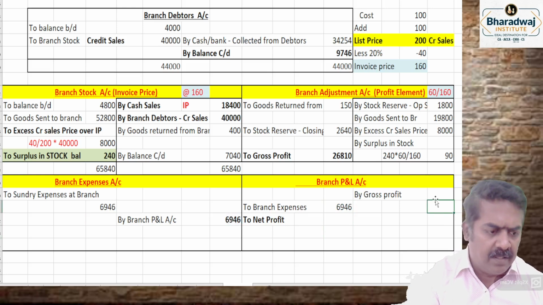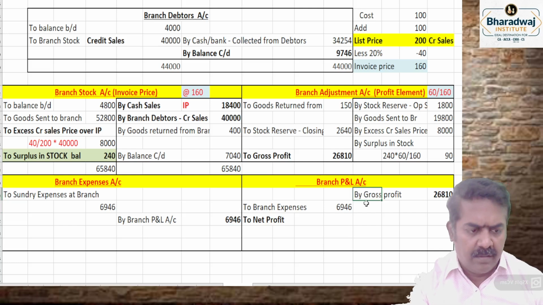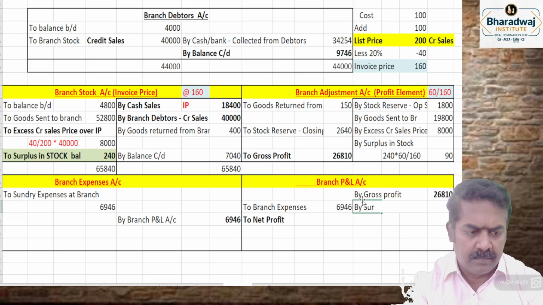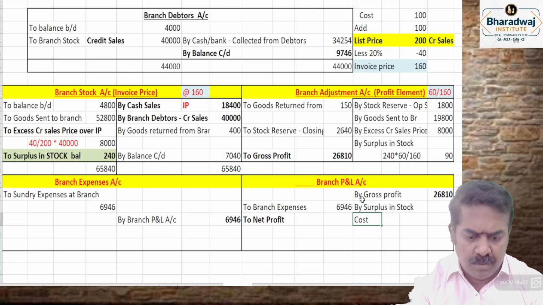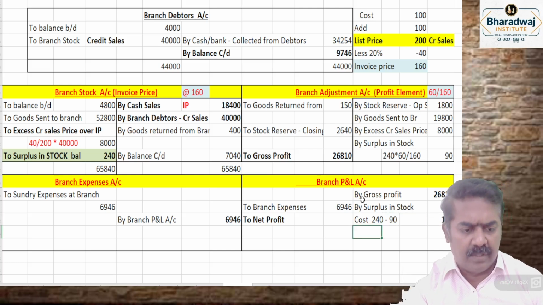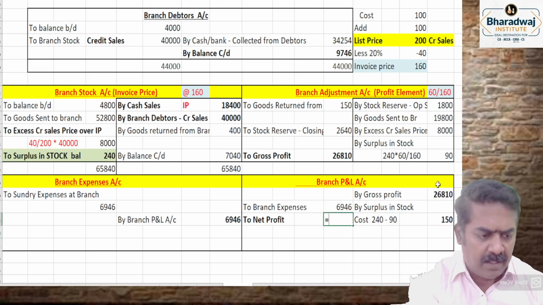Gross profit, you bring it. Then by surplus in stock cost element. Cost is 240 minus what? 90. 240 minus 90, 150. The balance figure will be net profit.